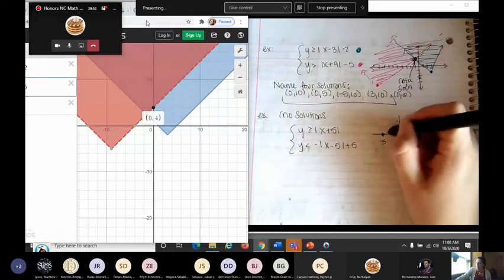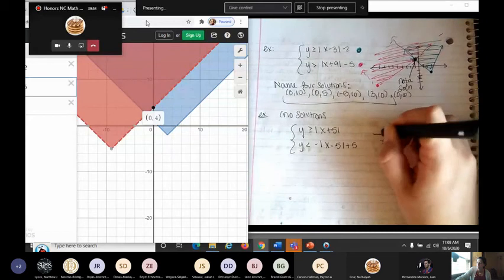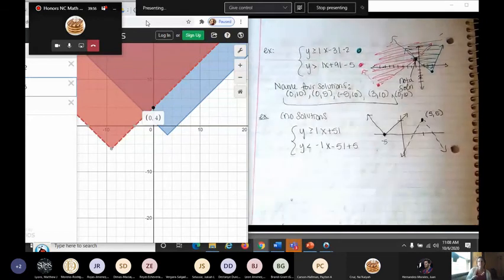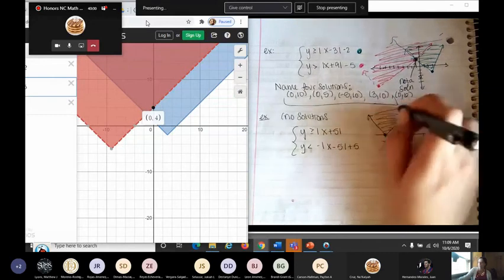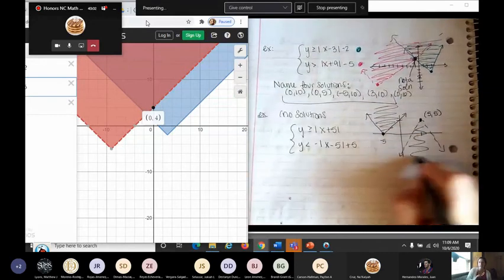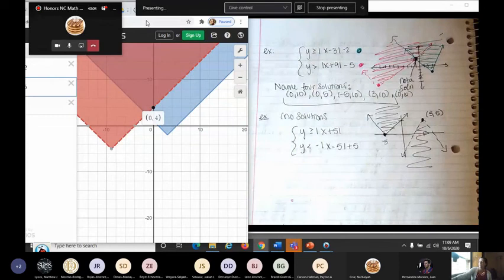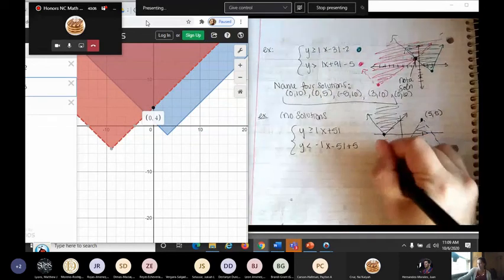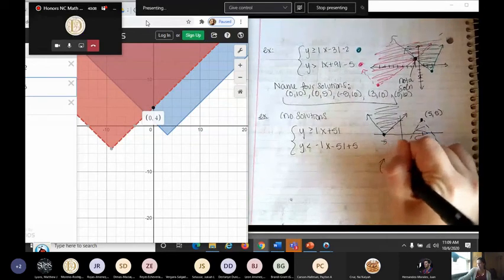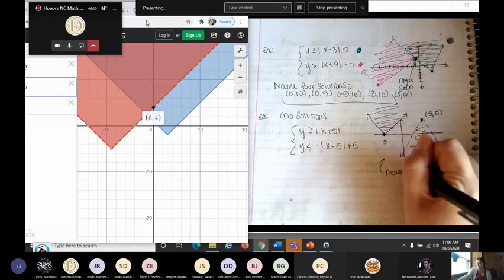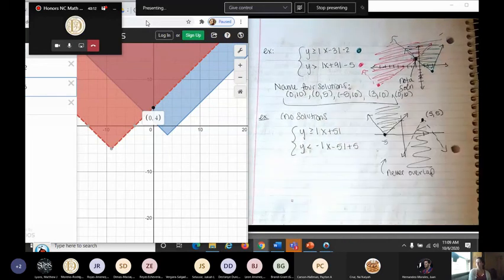This one will be solid. Okay, and do you guys see how they will never intersect? So we have stuff up here, stuff down there, but they never overlap. Okay, so this is an example where we have no solutions.